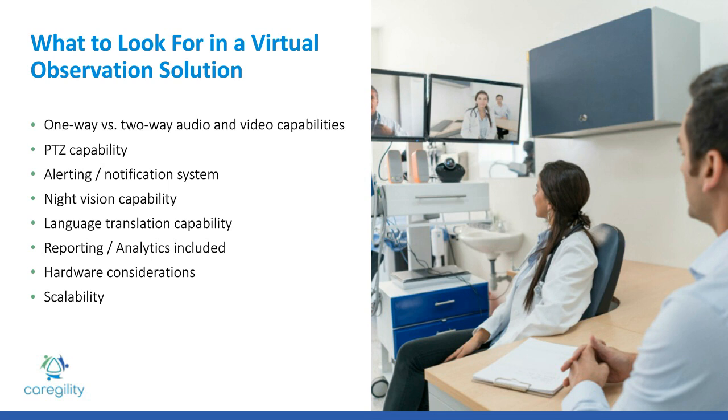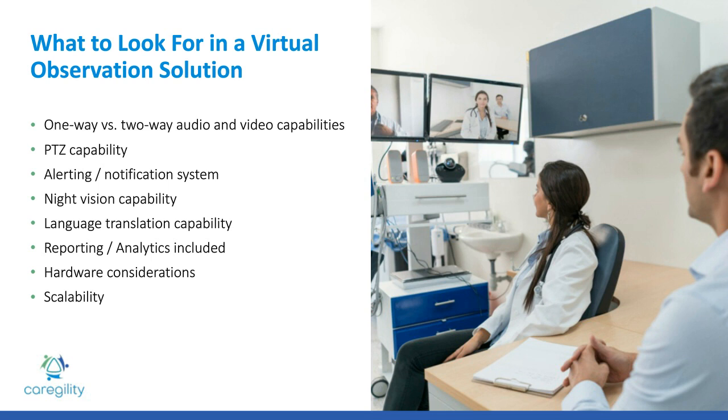Pan, tilt, zoom capability is important depending on your use case as well. Not having pan, tilt, zoom can limit what use cases you can use the technology for in some cases. For instance, with physiological monitoring, the observer may need to zoom in on the blood pressure device or an IV bag or some other type of assessment.